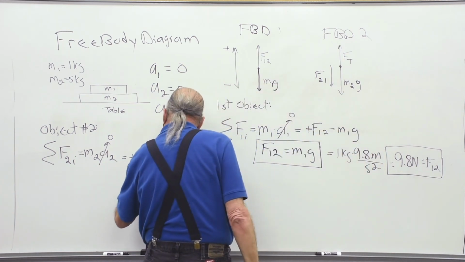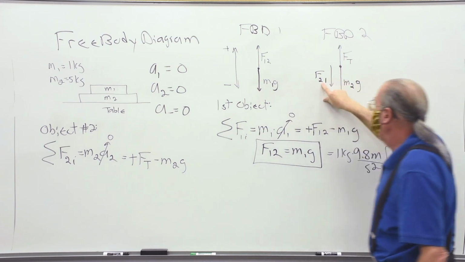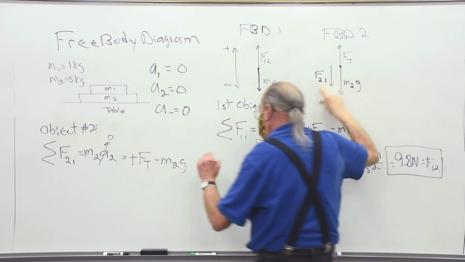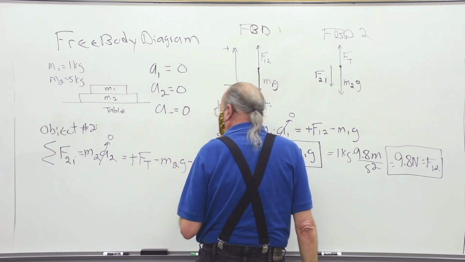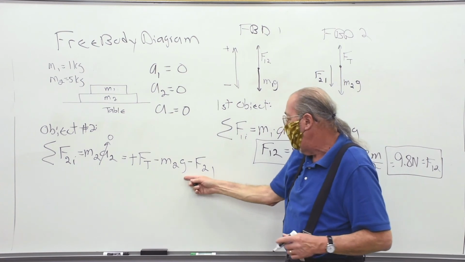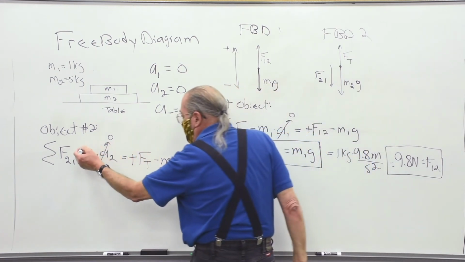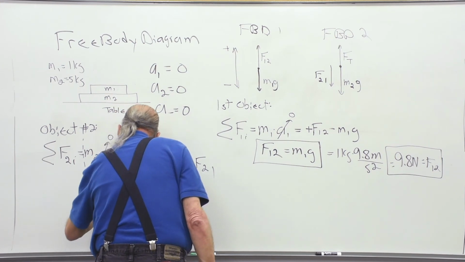Minus m2g. And what about this force? Minus. So from this, now this is 0 is equal to this. There's an equation. I'll write it out like this just so everybody can see it.